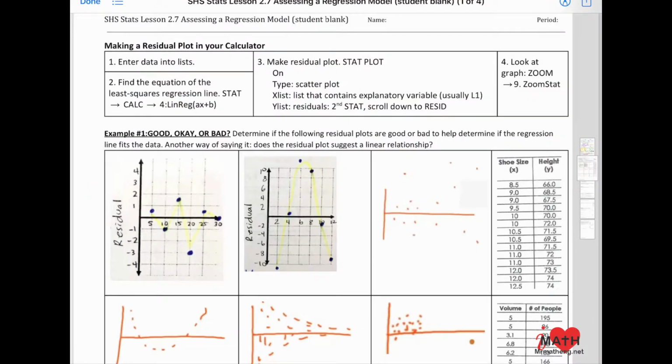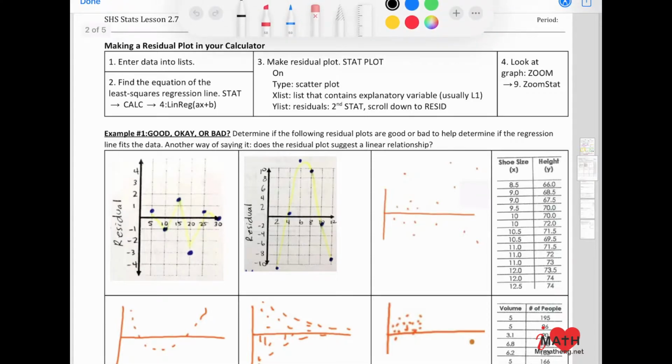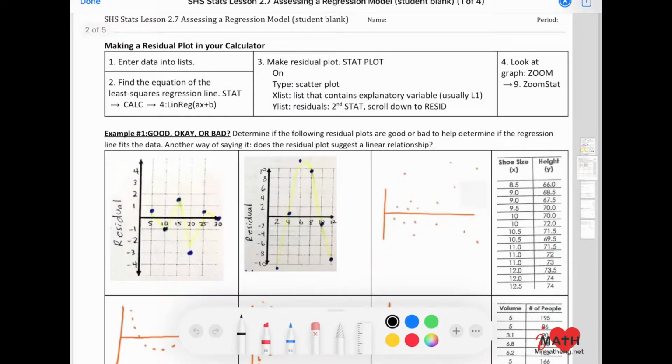All right, let's go down to page 2 now. Making a residual plot in your calculator. I want to note that these steps are specifically for a TI-83/84. I took a survey, and that was the second technology used. Number 1 was actually using what I'm using, a tablet and an app, okay?